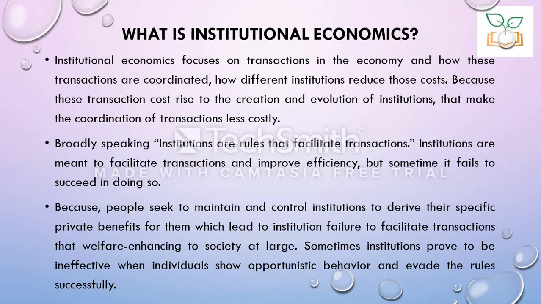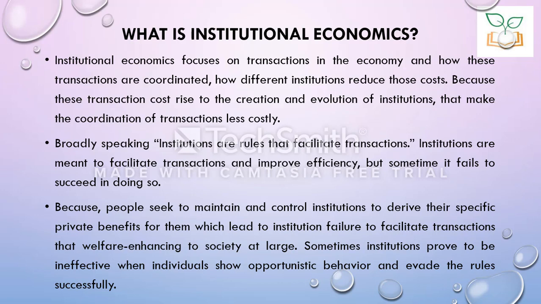Institutional economics focuses on transactions in the economy, how these transactions are coordinated, and how different institutions reduce those costs. Because these transaction costs give rise to the creation and evolution of institutions that make the coordination of transactions less costly. Broadly speaking, institutions are rules that facilitate transactions.